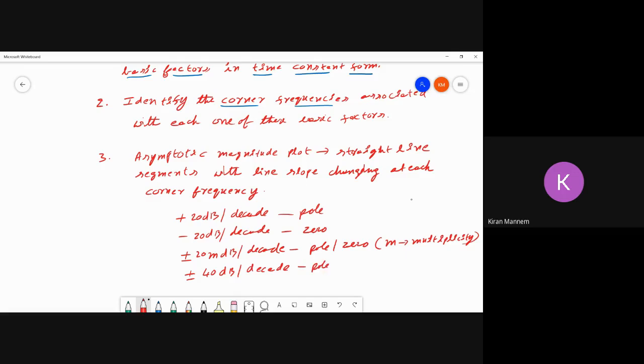For pole or zero, you identify the similarities and differences in these slopes. See, sorry, we did something wrong here. This is for pole, this is for zero. See, for all poles it is a negative value.